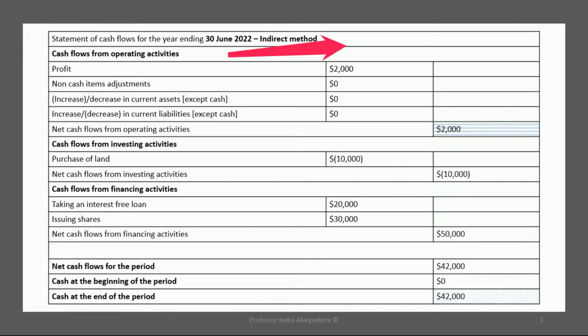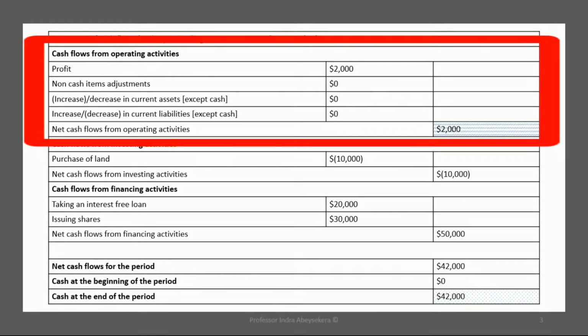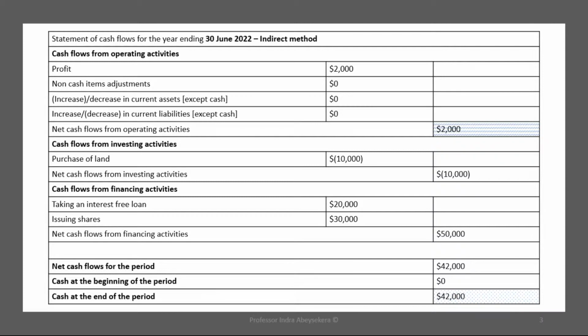Under the indirect method, the only difference is on the cash flows from operating activities, but the other two, cash flows from investing activities and financing activities, are identical. On the operating activities, we start with profit of 2,000.